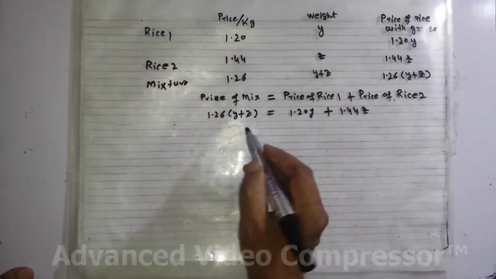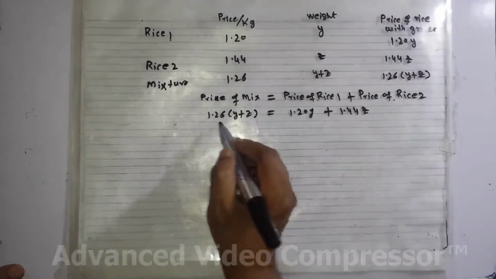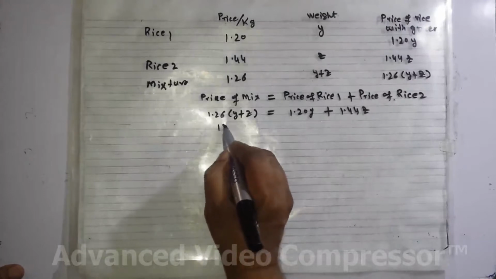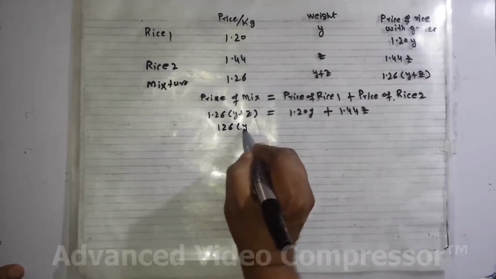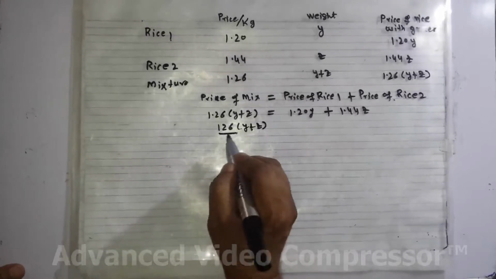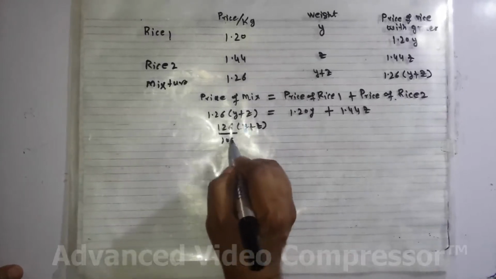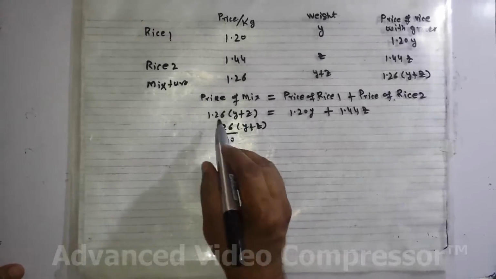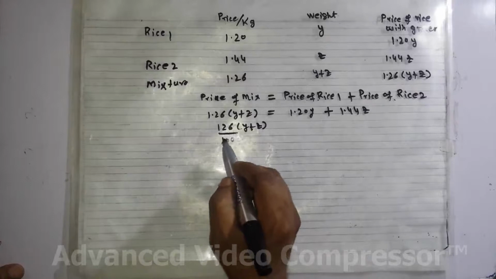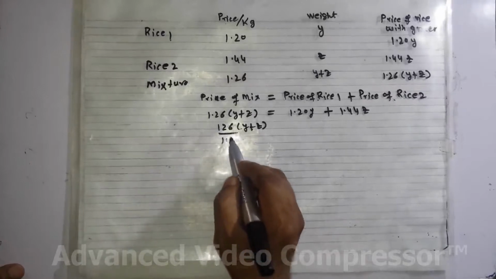Now we can do one thing here. We can remove these points. We write just 126(y plus z) and under 126 we write 100, because to remove the point, in place of the point we write 1, and then we put zeros equal to the number of digits.